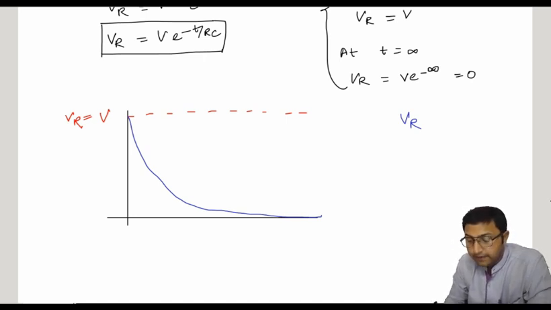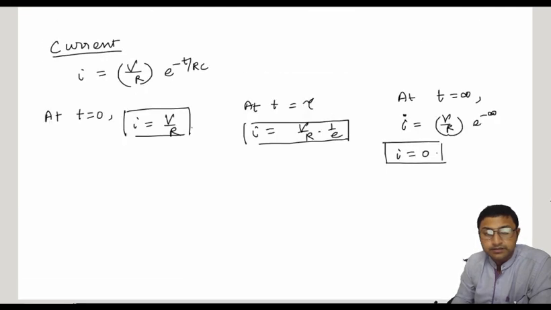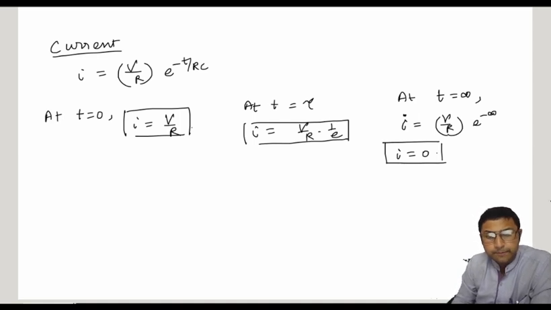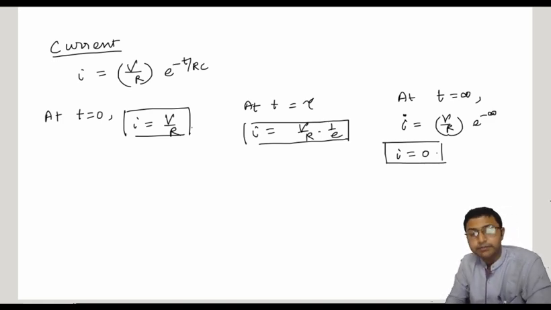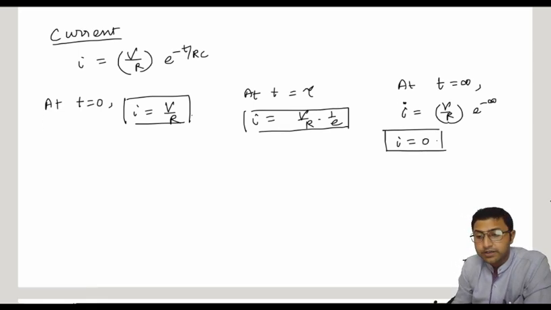And the current expression is, at t equal to 0, it starts from V by R. That means the supply voltage is 10 volt, R is 2 ohm, so it is basically 5 ampere. It starts from 5 ampere and finally reaches the value of 0 ampere.